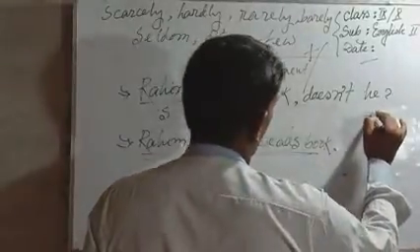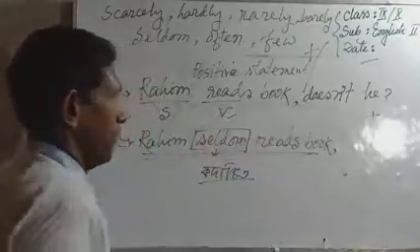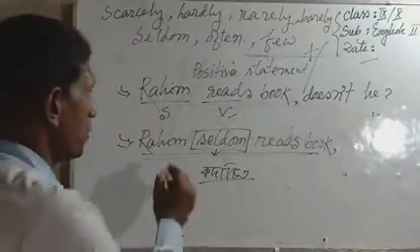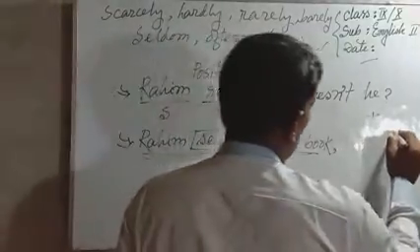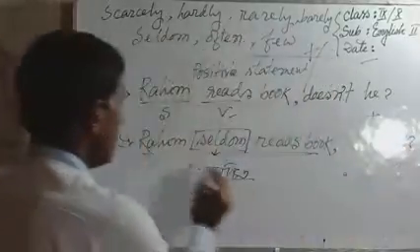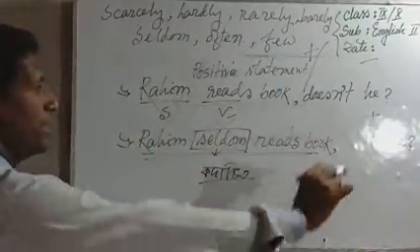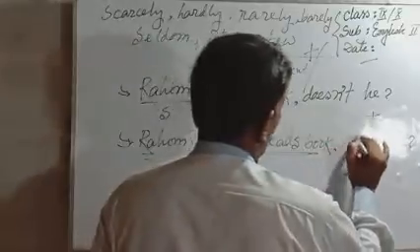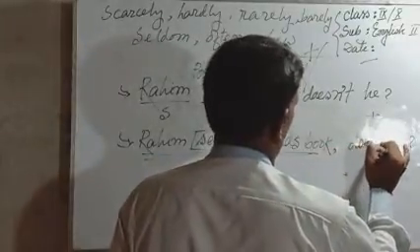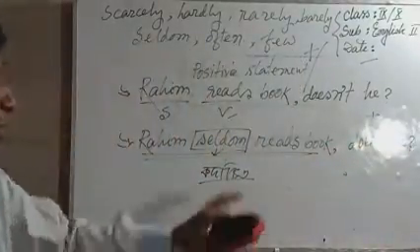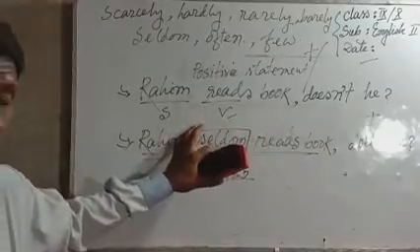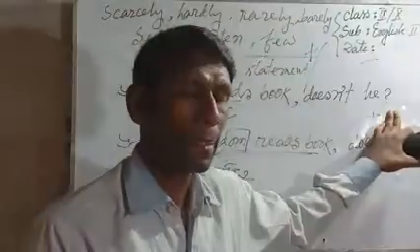So we will use a positive tag question. What is the positive tag question? We will use he instead of Rohim, and after that we will use does. Why does? Because the statement is negative, so the tag will be positive.